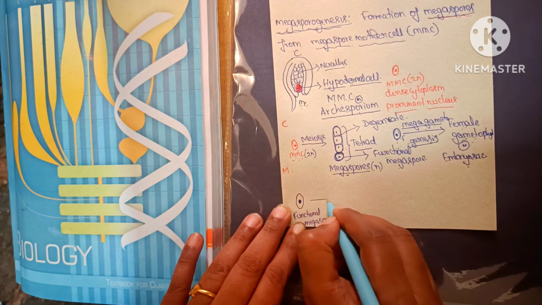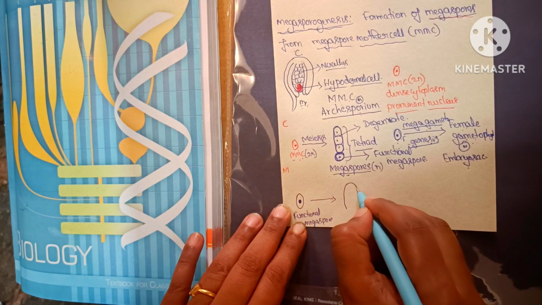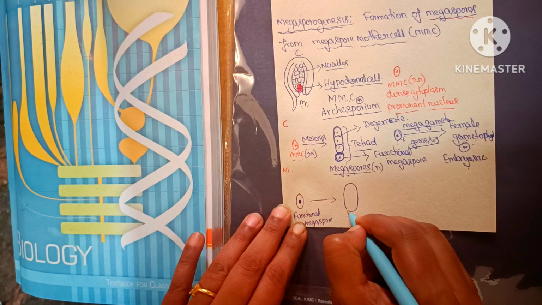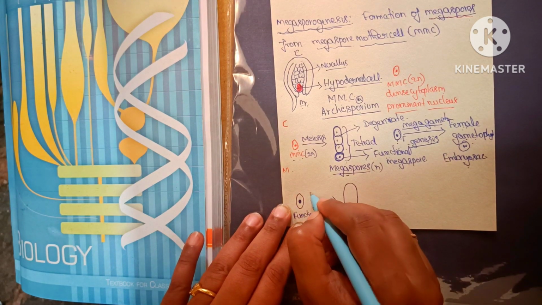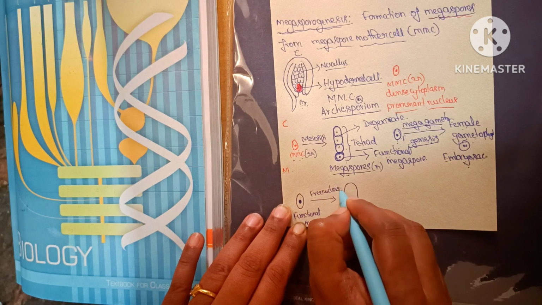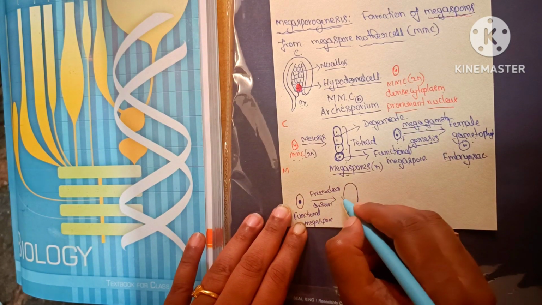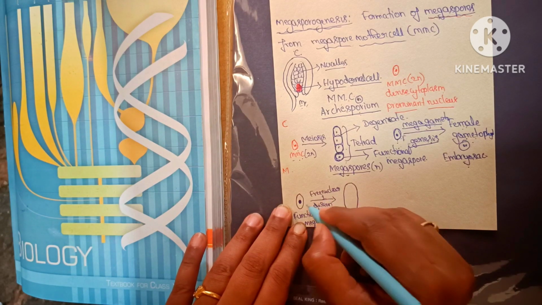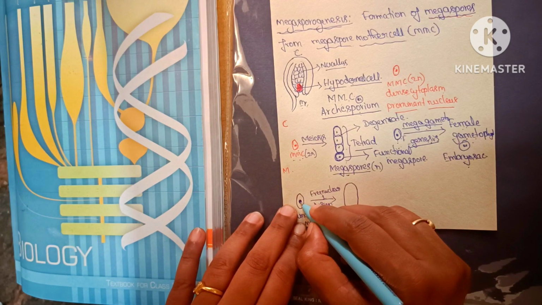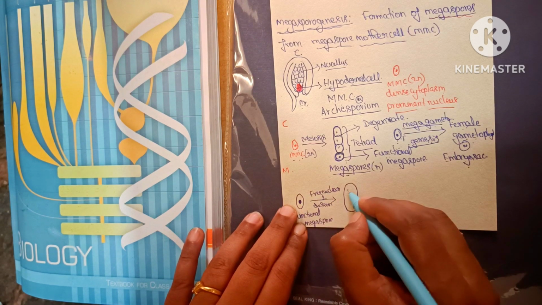The nucleus of the functional megaspore will divide, and also the cell will enlarge in size. It will divide by free nuclear division. One free nuclear division means only the nucleus divides and there is no formation of cell wall surrounding the nucleus.